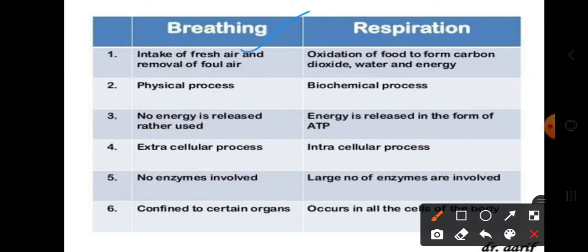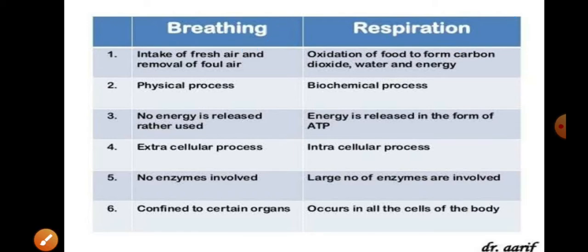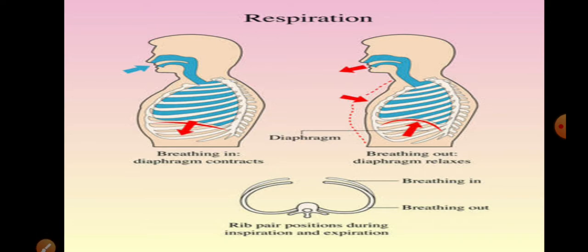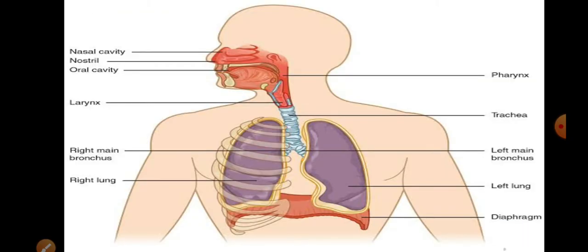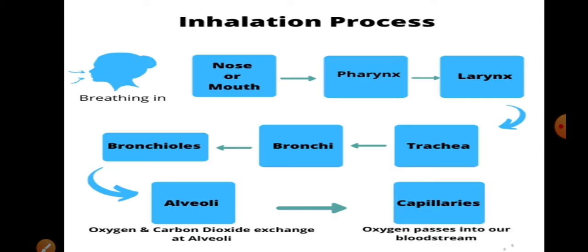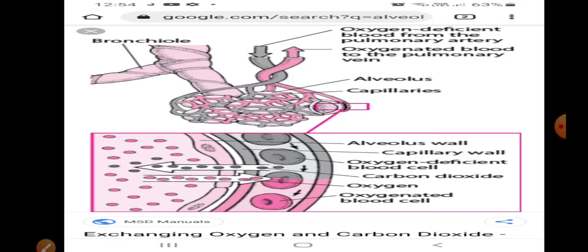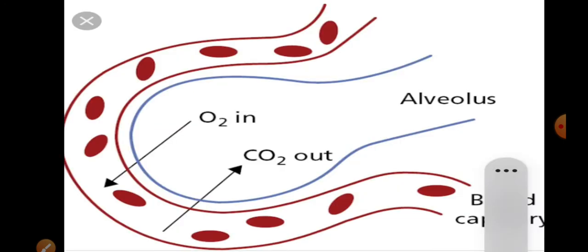First step is the breathing process, followed by cellular respiration, and the differences between breathing and respiration, and the role of diaphragm in the mechanism of breathing, and different respiratory organs which are arranged in a systemic manner for the mechanism of breathing. And then we came to know about the diffusion of gases at the alveoli level.